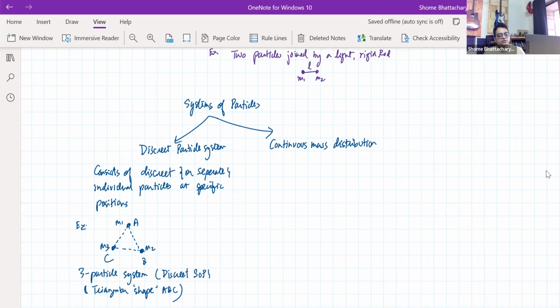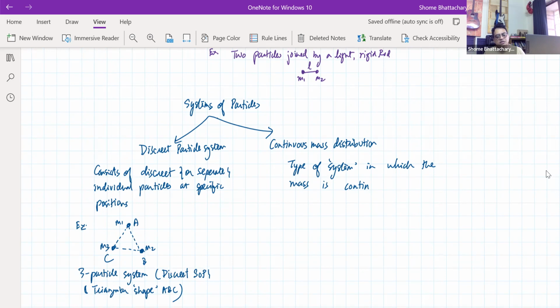On the other hand, a continuous mass distribution is a type of system in which the mass is continuously distributed. That means it's not in separate particles or lumps, but it is distributed continuously in a contiguous kind of manner.